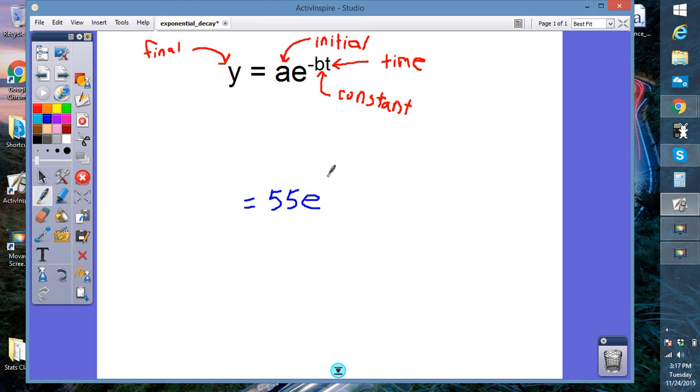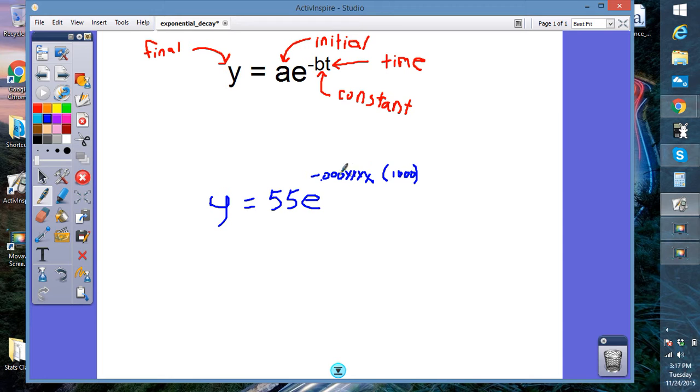Base E. B is going to be the number you calculated for B, and it wants to know how much material is left after 1,000 years. So your time is 1,000, and you're doing this calculation. You're trying to find out after 1,000 years how much of the material is left when we started with 55 grams. So now you're just solving this.